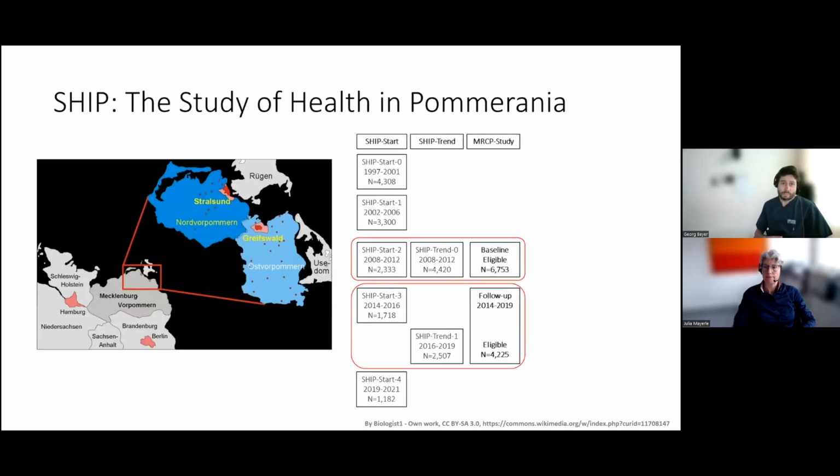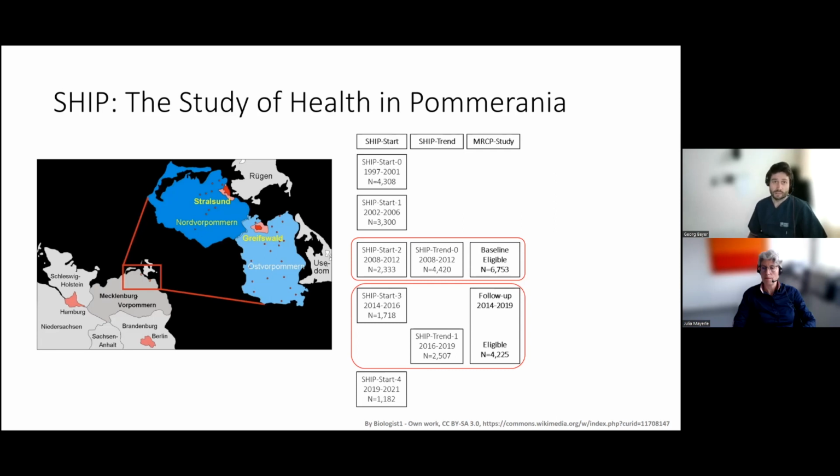Thank you, Julia. Now, the first obstacle was obviously finding a large enough and characterized well enough cohort that was comprised of subjects that had not been undergoing investigations because of disease, but were presumably healthy.